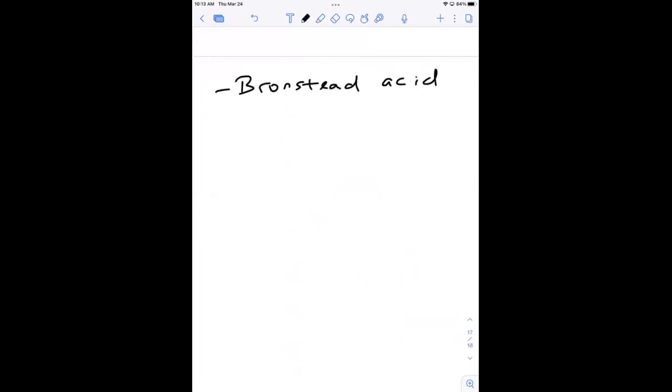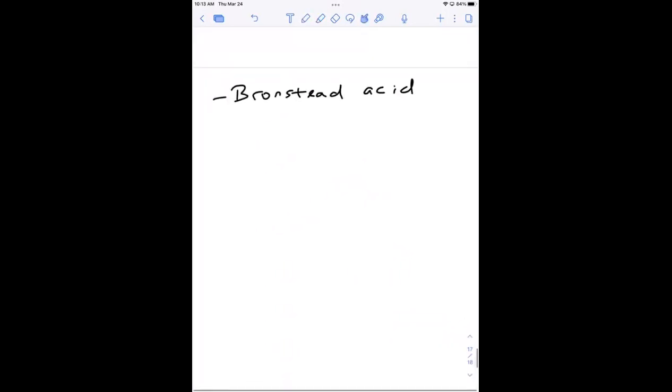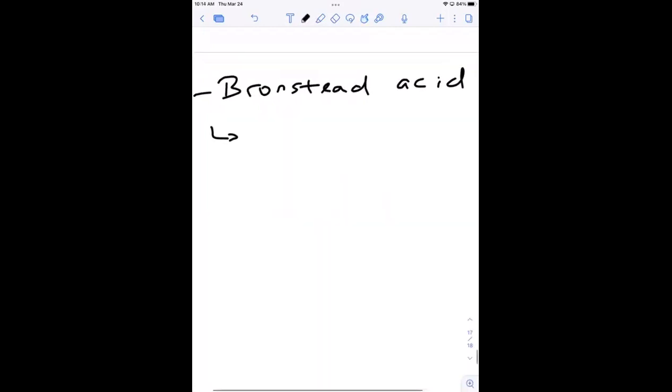Right, and this is probably the more traditional definition or description of an acid that you've heard before. Right, so Bronsted acids, these are what we call proton donors.